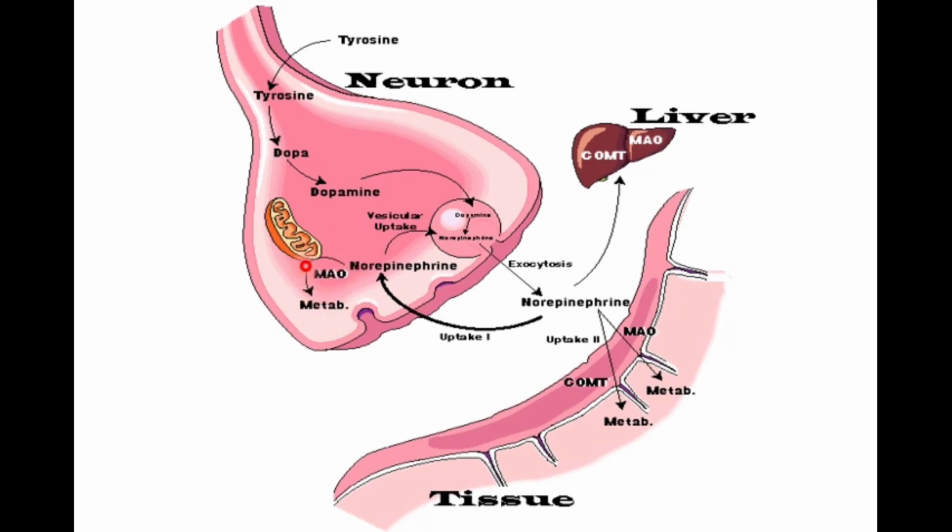A small proportion of noradrenaline entering the cytoplasm is metabolized by the enzyme monoamine oxidase located in the mitochondria. Monoamine oxidase is also found in the effector cells.